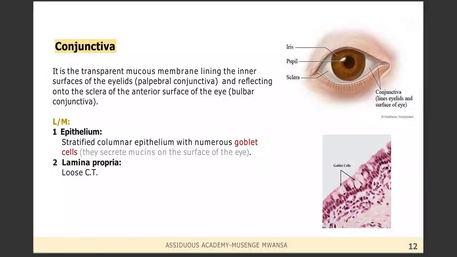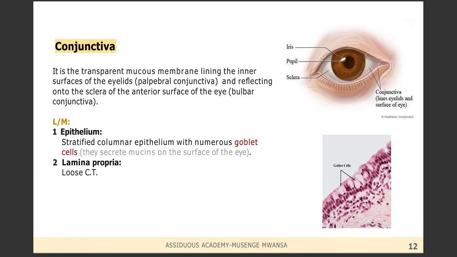A clinical correlate: before we even talk about it, you have the conjunctiva. What is a conjunctiva? It is a transparent mucous membrane lining the inner surface of the eyelid. Remember, the eyelid is down and up, so that mucous membrane lines them. The lining of the eyelid is also known as the palpebral conjunctiva.